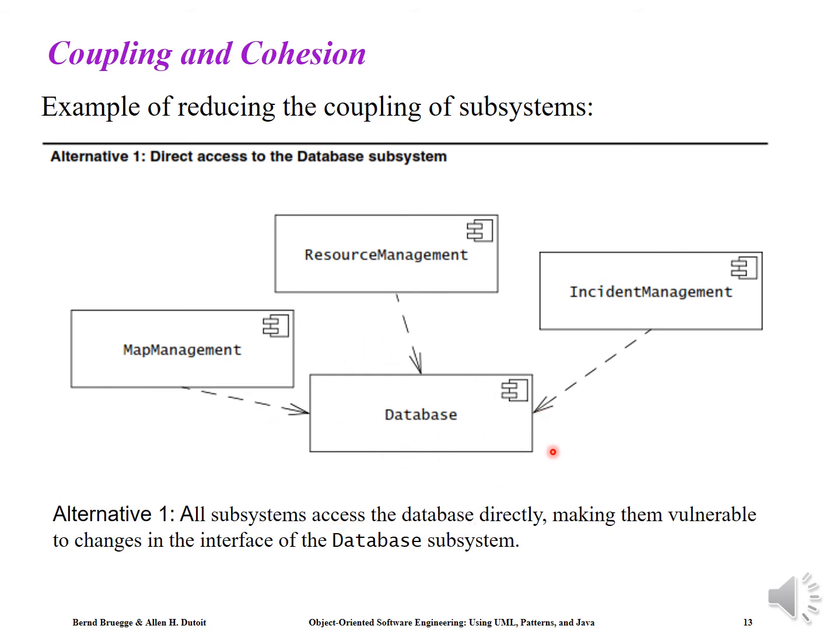What is the disadvantage of it? It is vulnerable to changes in the interface of the database subsystem. What it means is that if any change occurs in the way the data is stored, for example the database vendor is changed, or any change occurs in the database storage mechanism, it will require changes in the three subsystems also.